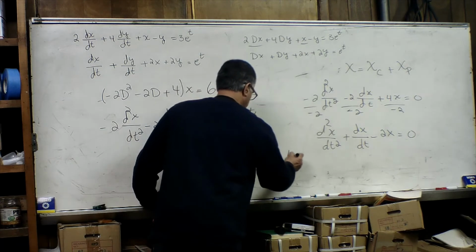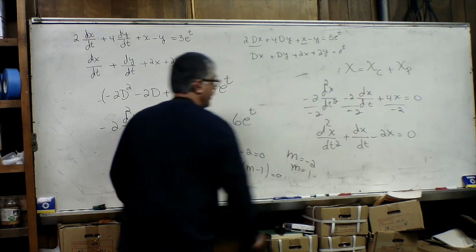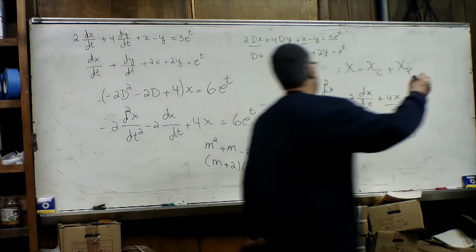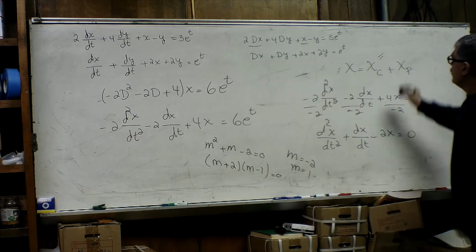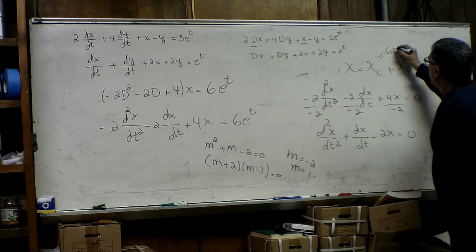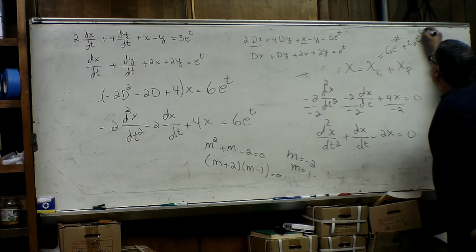So n is equal to minus 2 and 1. So our xc, the solution to the homogeneous portion, will be c1 e to the power minus 2t plus c2 e to the power t.